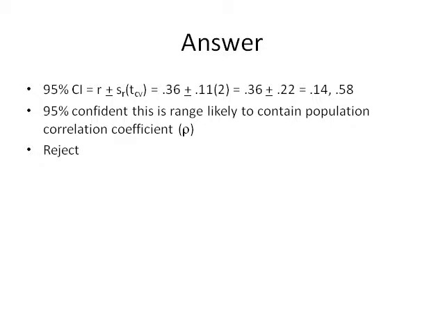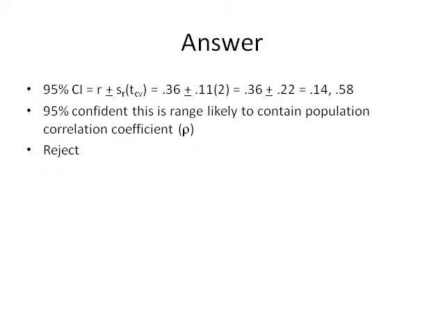We compute the confidence interval by taking the correlation coefficient 0.36 plus or minus the standard error for the correlation coefficient 0.11 times the critical value for t at the appropriate degrees of freedom, which is 2. Thus we have 0.36 plus or minus 0.22 and wind up with our confidence interval.